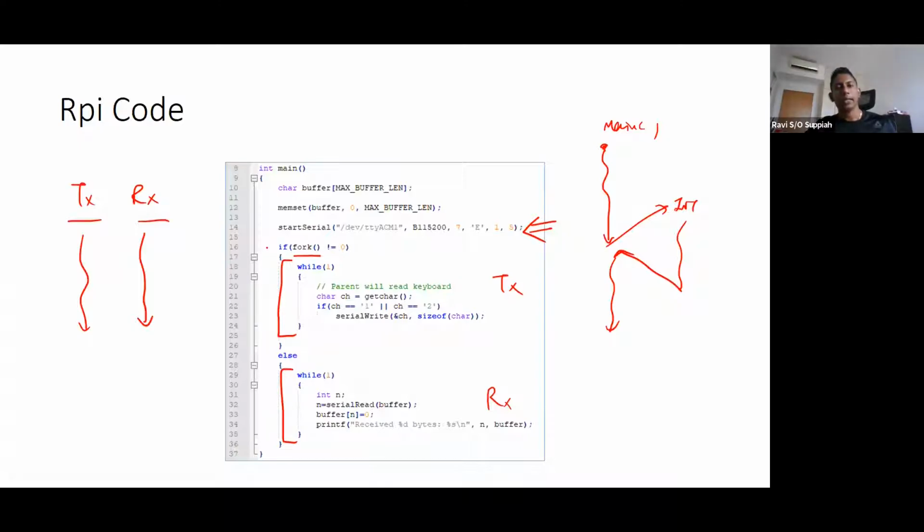Technically they are actually switching between each other very fast, so it gives you the idea that it is running in parallel. That is the multitasking concept, and that is how RPi code is written, and the code in the Arduino side is written using the main loop and then the interrupts.